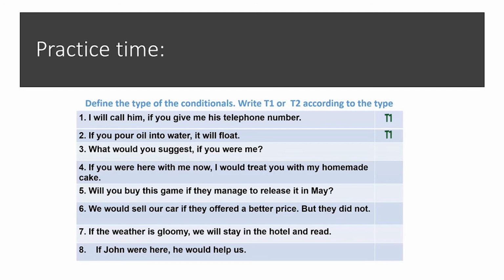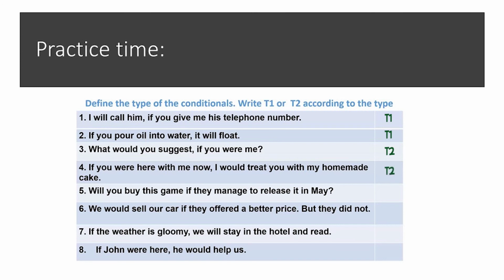Number 3, what would you suggest if you were me? Here we have the structure, if I were you, you were me, which means it's the second conditional. Number 4, if you were here with me now, I would treat you with my homemade cake.